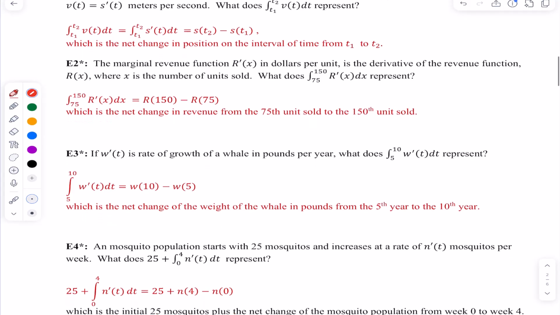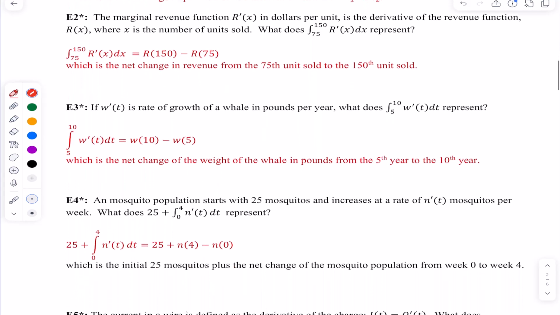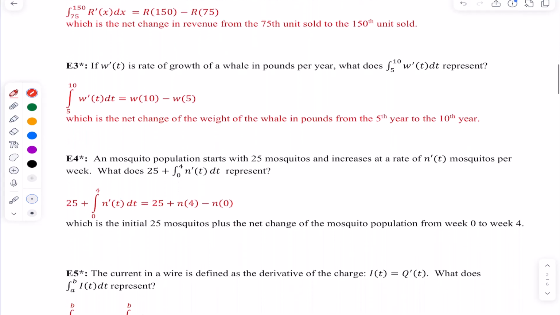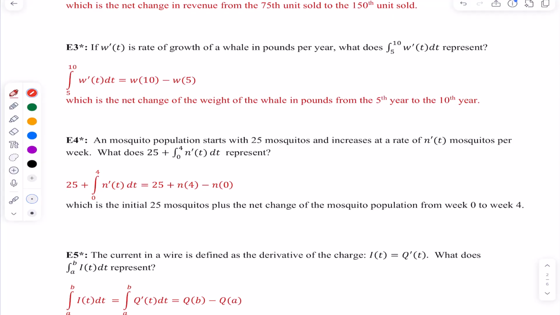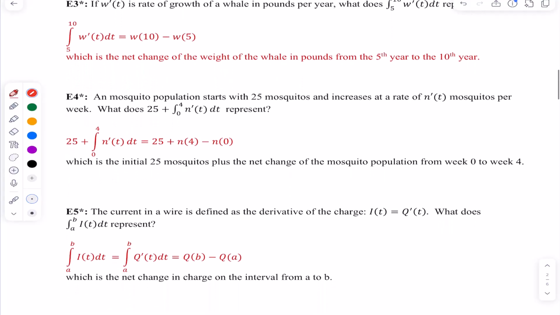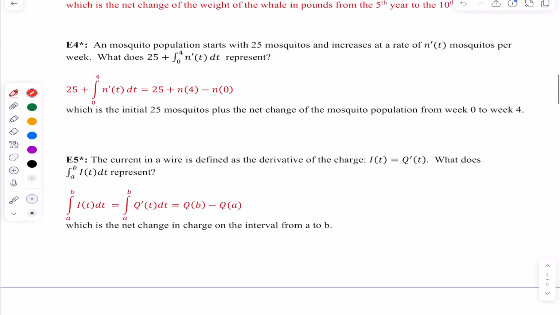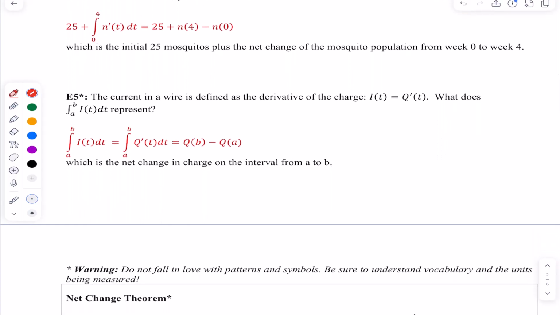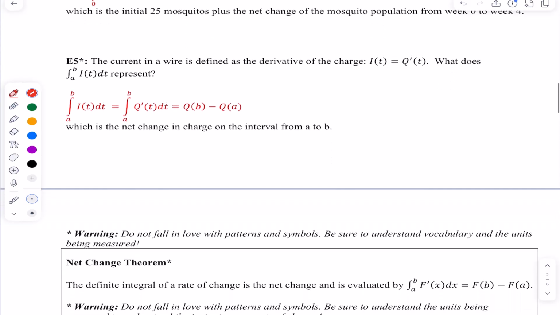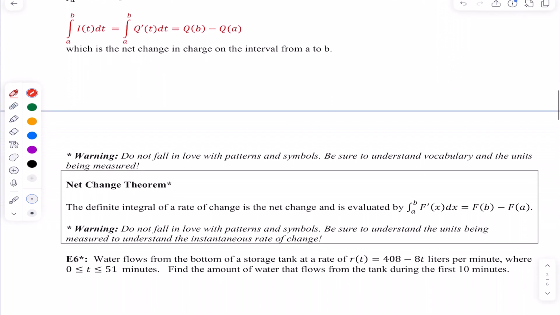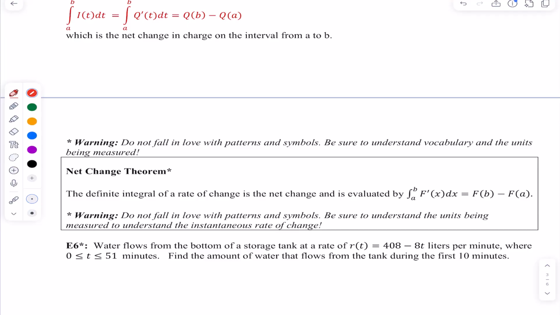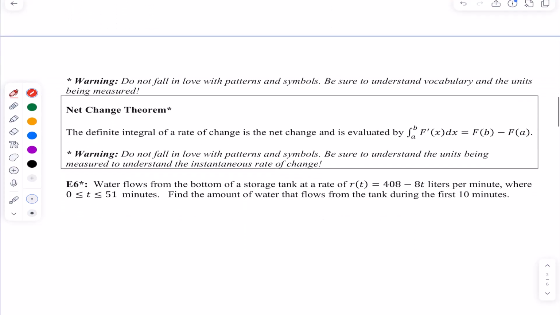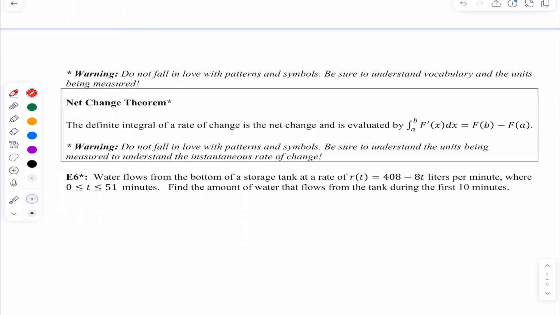This brings us to a refinement of the fundamental theorem of calculus. However, please do not fall in love with all the symbols and patterns. Make sure you understand the vocabulary from the scenario and look at the units being measured.